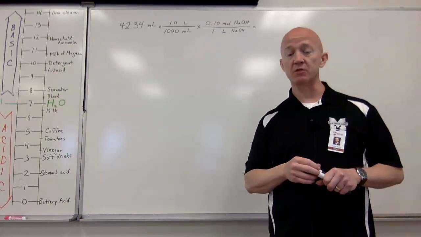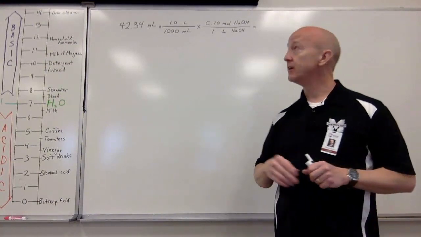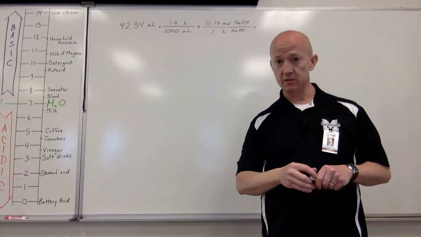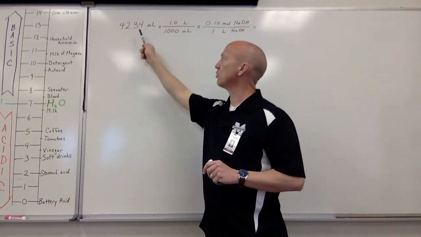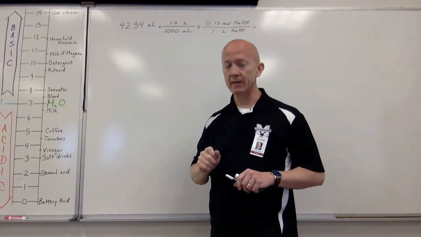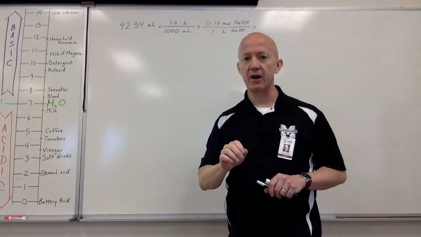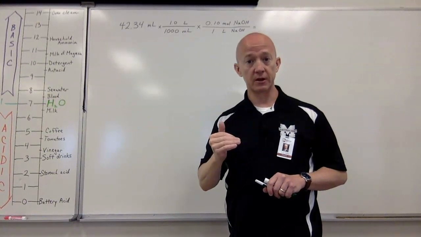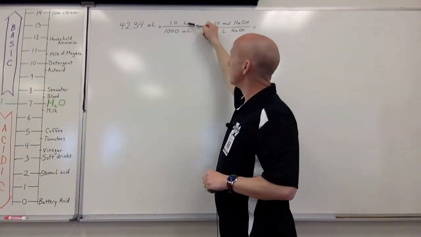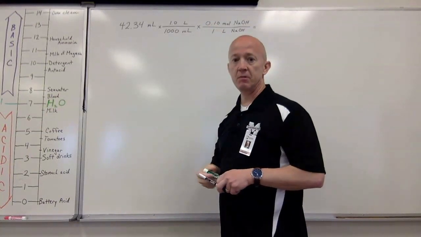So we can know how many moles of acetic acid we neutralized if we find the number of moles of NaOH we used. Get it? We have 42.34 milliliters. We need to convert that to liters. Why? Because remember, molarity is found in moles per liter. We convert to liters by saying that 1 liter equals 1,000 milliliters.